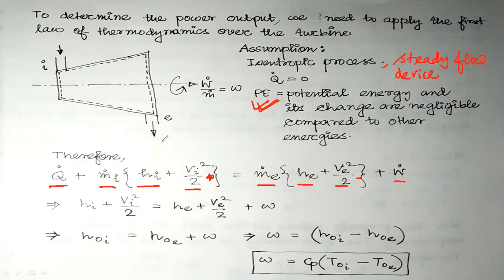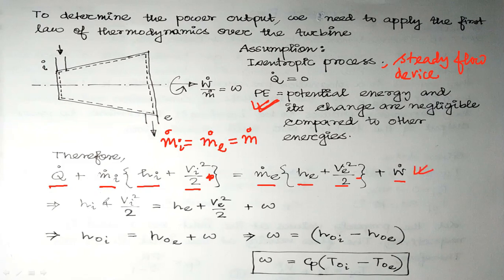So if we consider the mass flow rate at the inlet and mass flow rate at the exit are same from the mass conservation, if we consider that is same as m dot, then we can divide both sides of the equation by m dot to get this one.